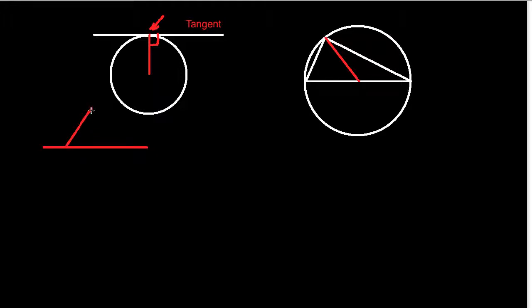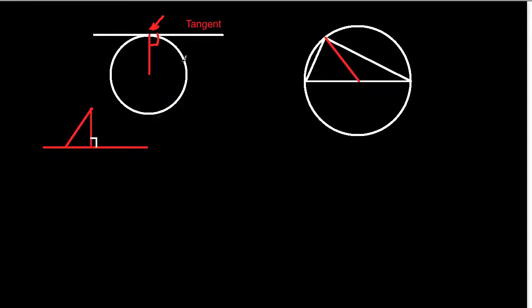The shortest distance between this point and the line is always defined by the line which intersects the second line at 90 degrees.